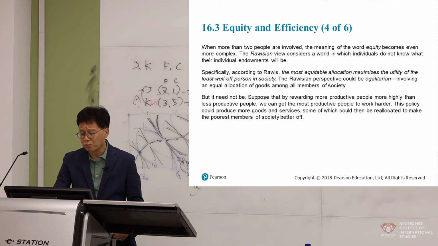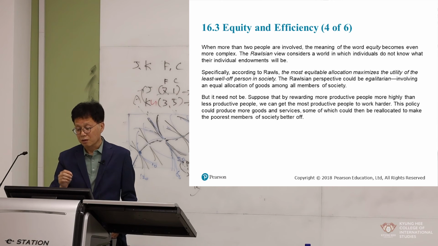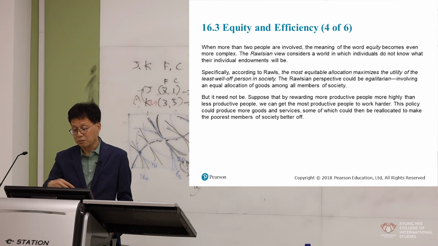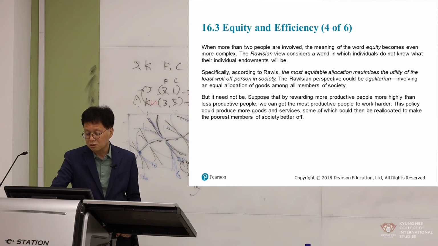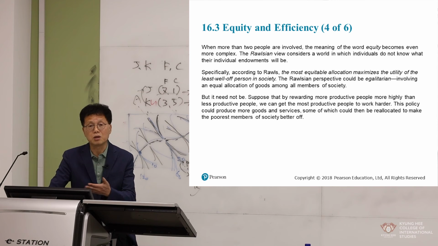Suppose that by rewarding more productive people more highly than less productive people, we can get the most productive people to work harder. This policy could produce more goods and services, some of which could then be reallocated to the poorest members of society. That is the market-oriented view. Anyway, the market-oriented view means an able, more productive person works more, and the person who inputs more labor receives more income.